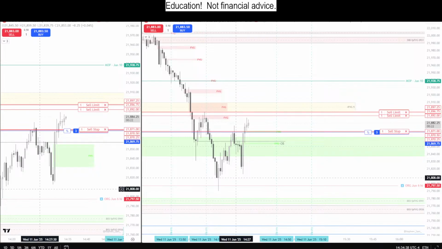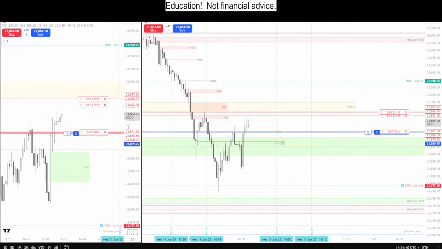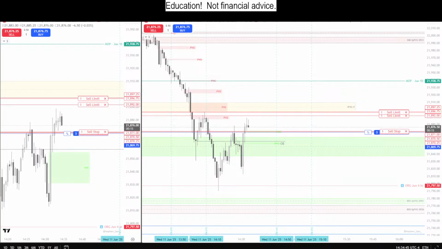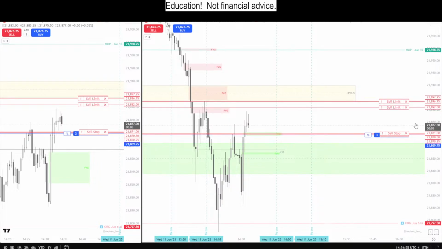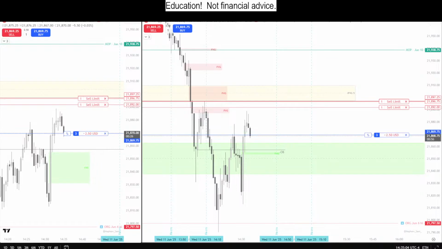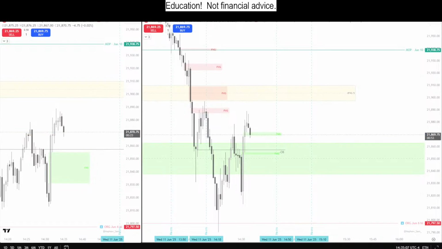Put in stop losses there just in case we get out of break even. We can get back in. All right, so that was about break even between the small losses and a small win.